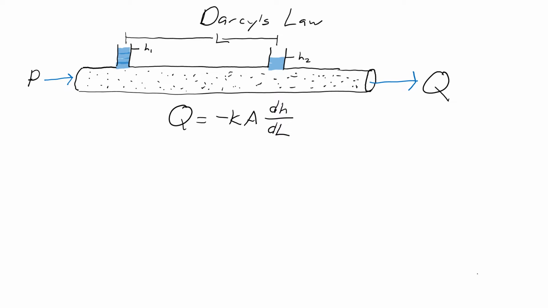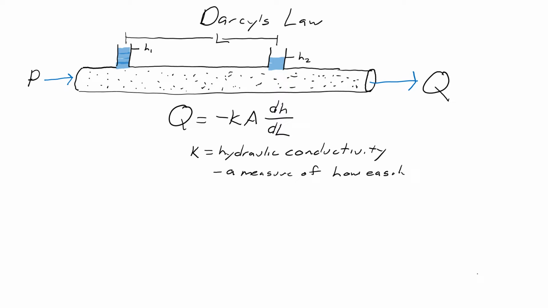So let's define the terms that I have here. We have K, which equals the hydraulic conductivity. It's a measure of how easily a fluid flows through a porous medium.